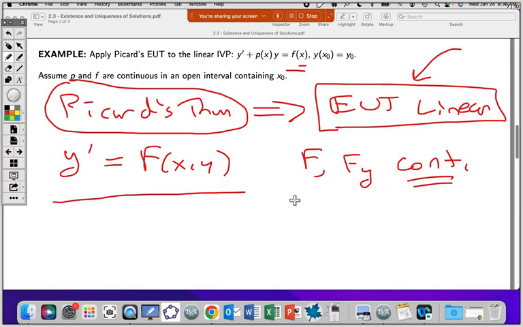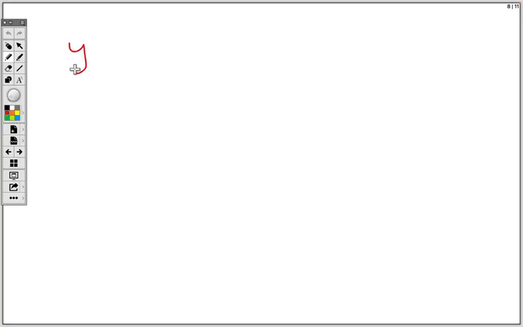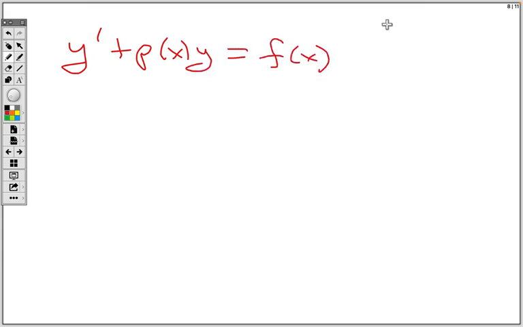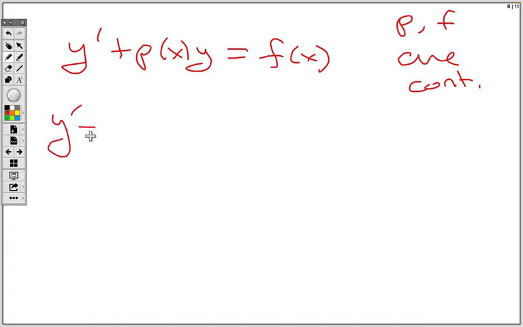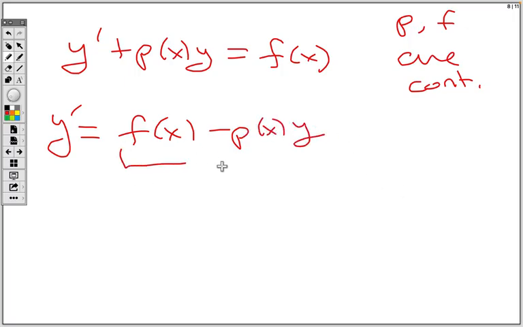So if we go through our setup here, here's our generic setup for a linear equation. We need to solve for y prime. We're going to assume that the functions p and f are continuous. If I solve for y prime, just subtracting things over, this would be the function of x and y I'd be applying Picard's theorem to.